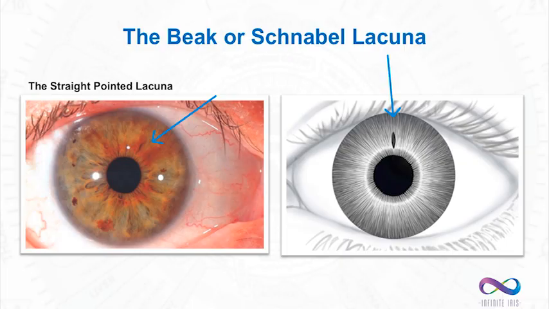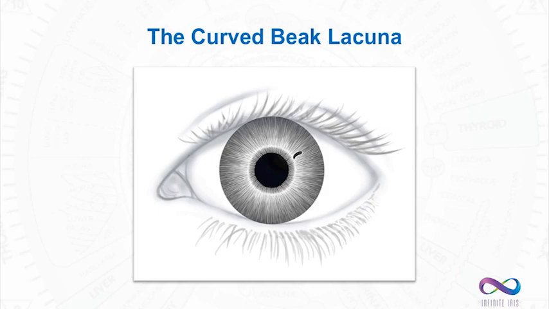Historical iridologists felt that this was a tendency for a serious problem within the nervous system or the intestinal tract. And now we have the curved beak lacuna. When it's a curved beak, it's a less serious sign, a tendency for a more benign type of condition. It curves into the collarette and does not point into the collarette.